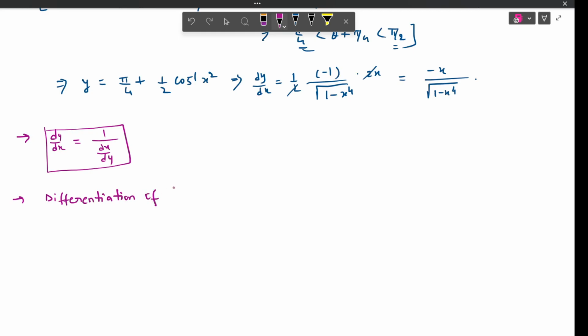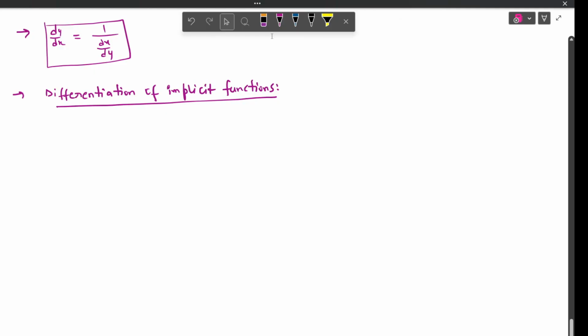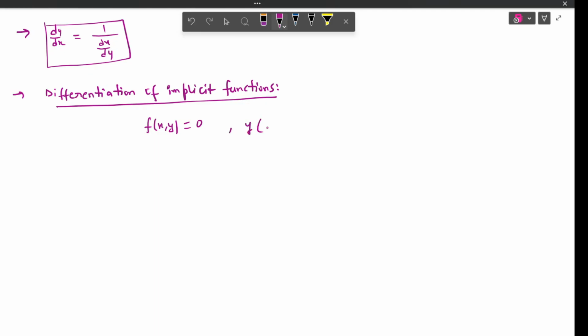Differentiation of implicit function. That means, let us say, if you have a function phi of x and y equals to 0 and y is a function of x, and then we are finding dy by dx.